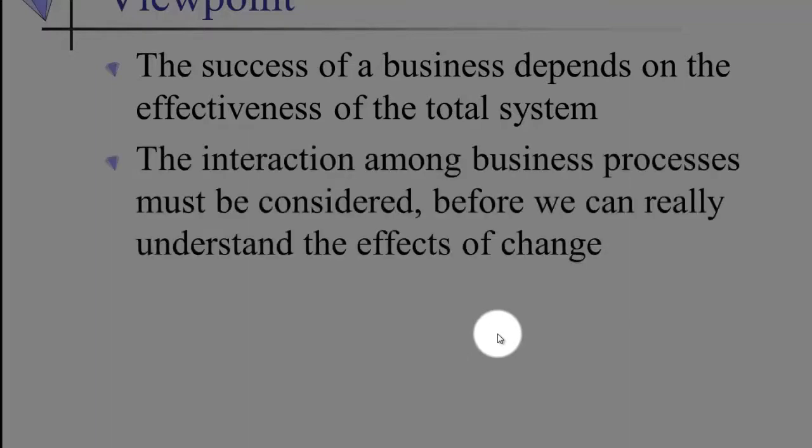The interaction among the business processes must be considered before you can really understand the effects of change. People say change management is a complex and complicated process. Well, yes, it is, because you're dealing essentially with people. However, if you can reduce some of the decision making and understanding to data, you're going to be far better off.